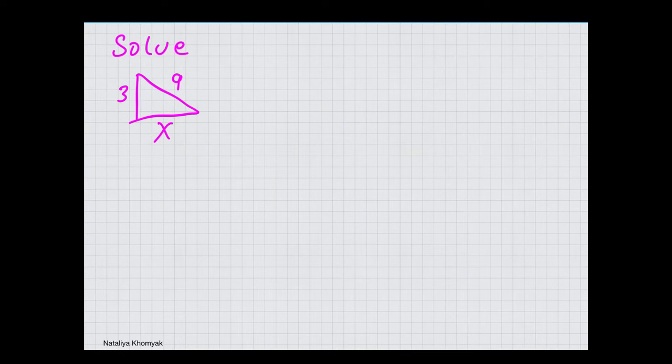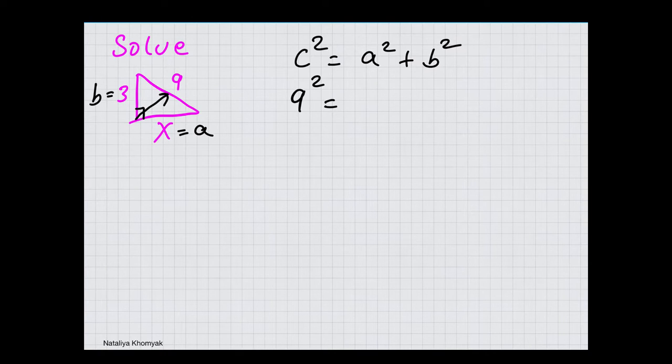Here we have to solve for x. Now the tricky part in this problem is that right across the right angle is 9. So we have c squared equals a squared plus b squared. C is 9. It doesn't matter if I call x a and 3 b.